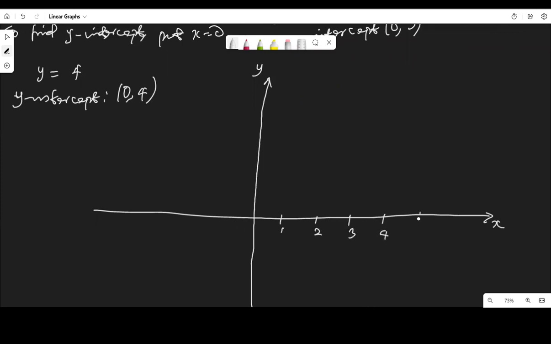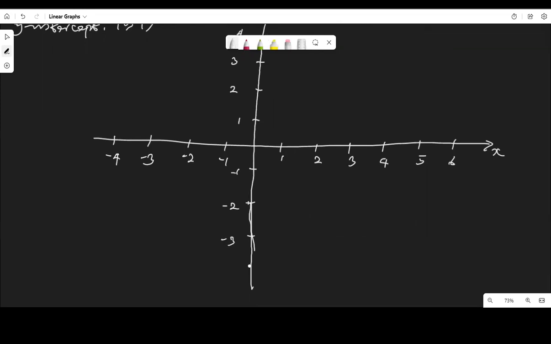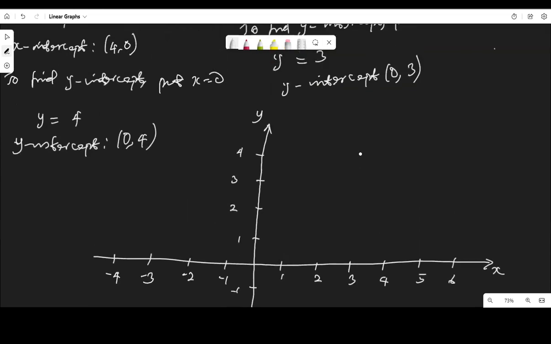This is 4, 5, and 6. Negative 1, negative 2, negative 3, negative 4. 1, 2, 3, and 4. Negative 1, negative 2, negative 3, negative 4.